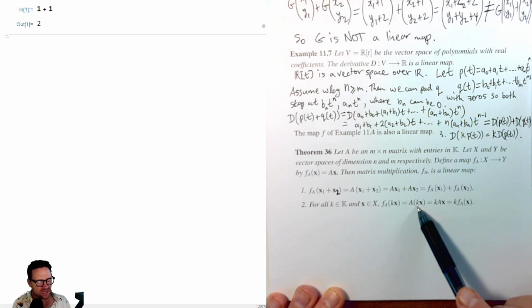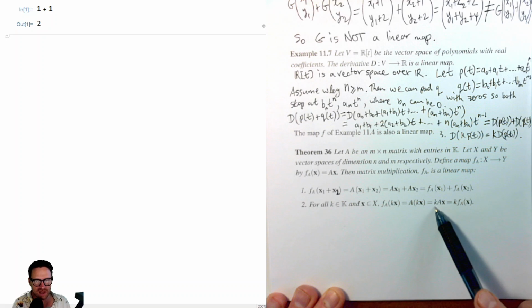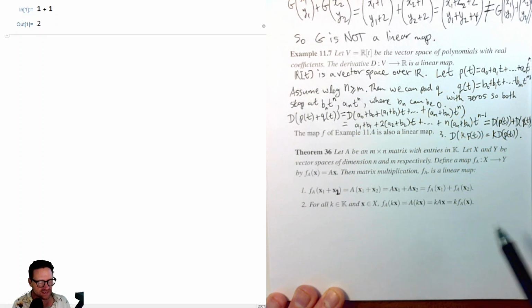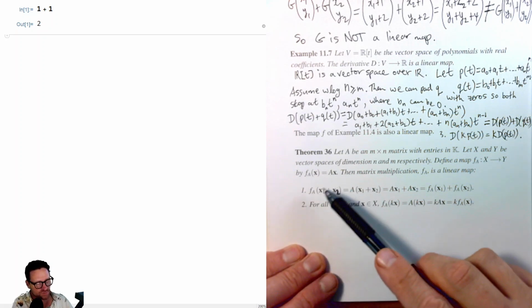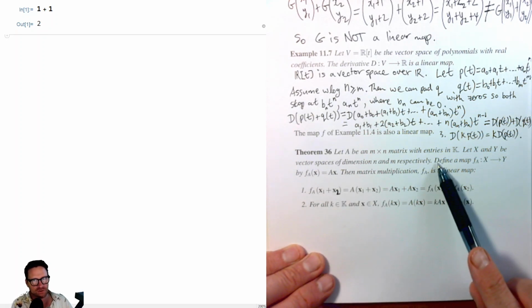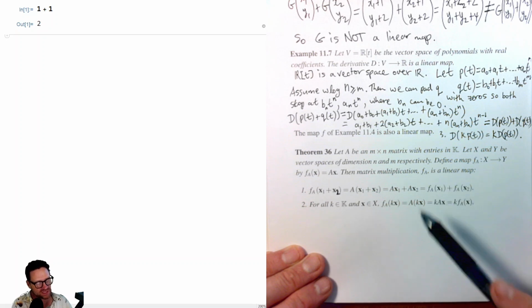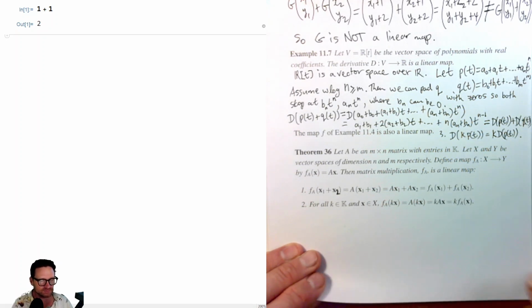Now, since that's scalar multiplication, we can move that through and put it on the other side of the matrix A. So we have k times A times x. Now Ax is f subscript A of x, so this is k f subscript A of x. So when you can express your function as matrix multiplication, then it's a linear map.